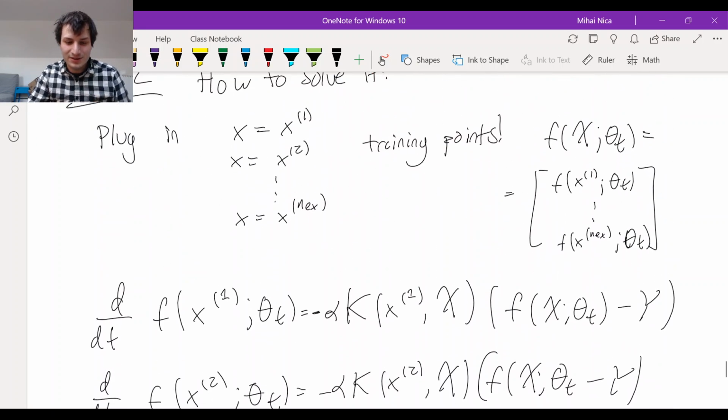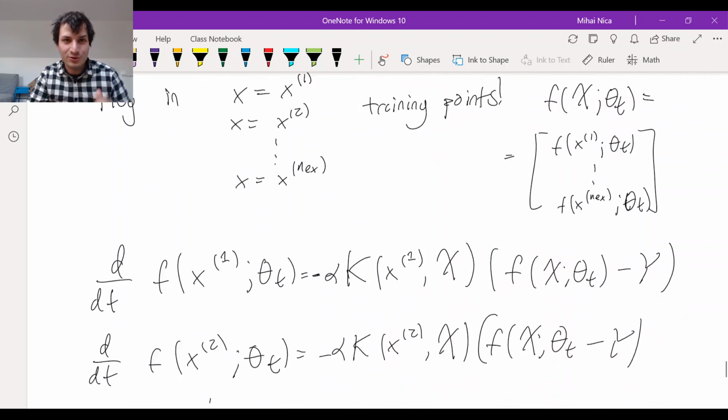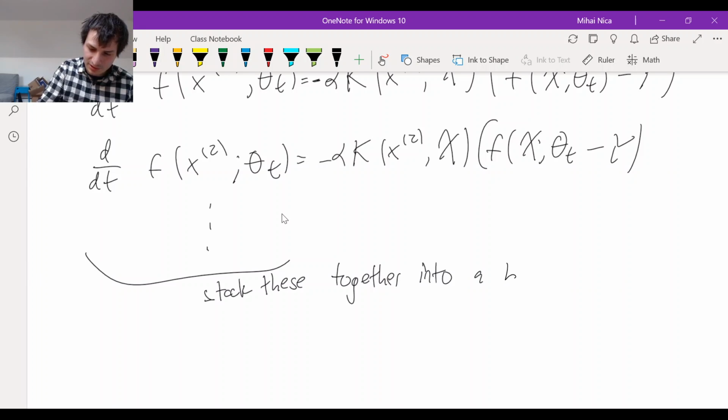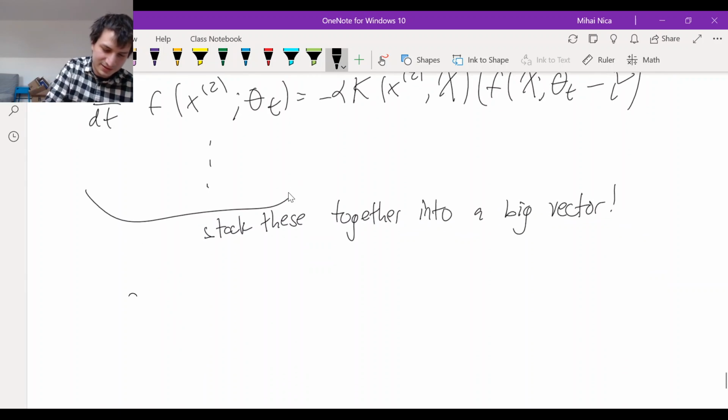So you can take our scalar equation before and turn it into a vector equation, and what it'll say is you stack these together into a big vector. And what it now says is this, d/dt of f of x theta t. So these are all the training points together.